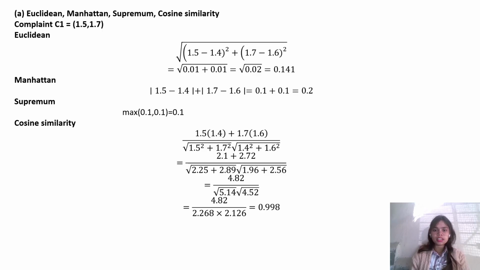Cosine similarity: (1.5 times 1.4 plus 1.7 times 1.6) divided by root of 1.5 squared plus 1.7 squared, multiplied by root of 1.4 squared plus 1.6 squared, equals 0.998.